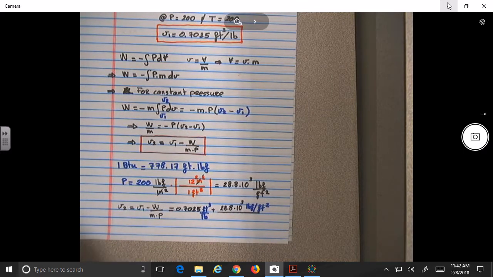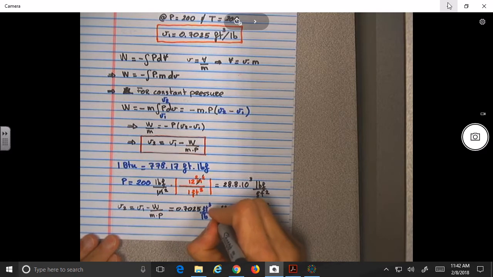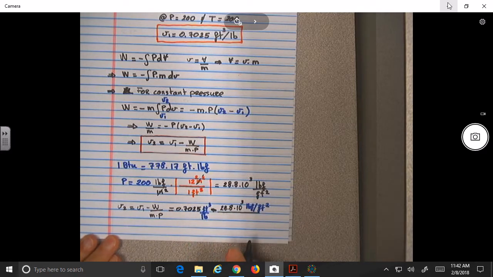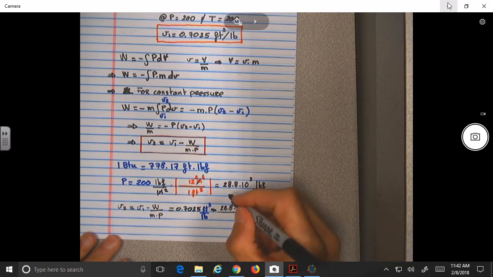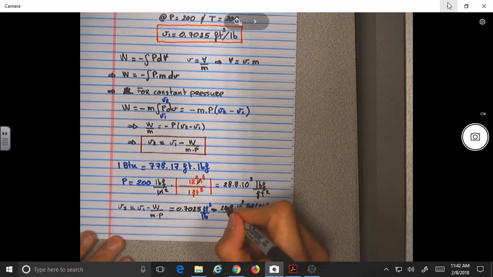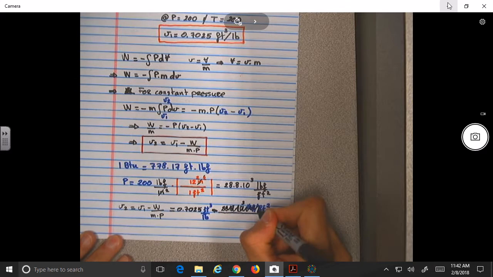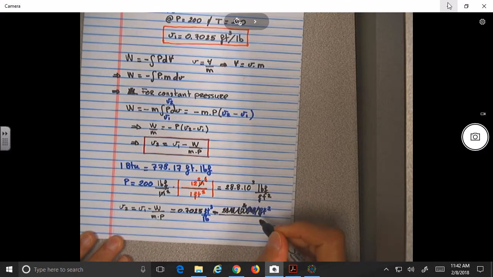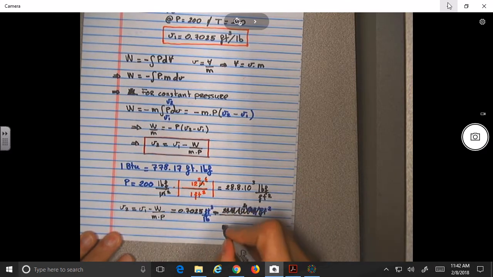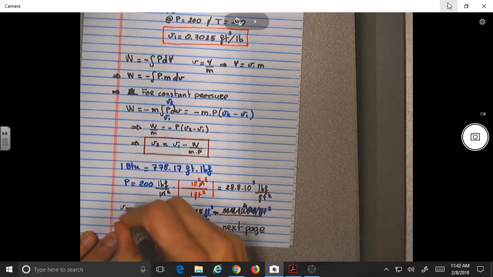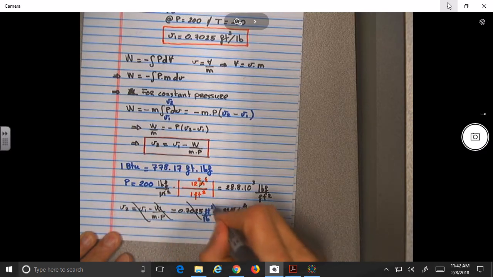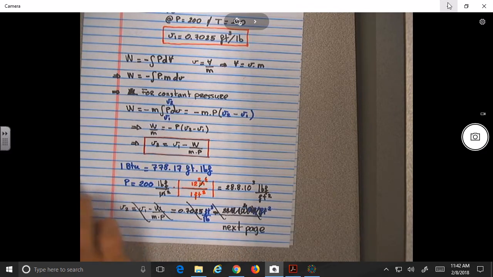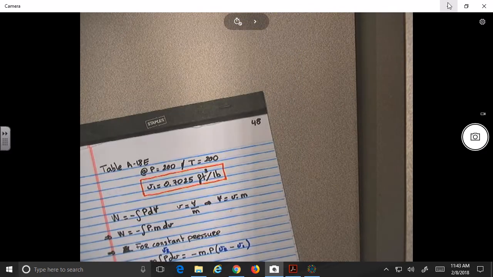Yeah, minus. Oh, that was the pressure, correct. So you see, I knew I was going to do something wrong here. So what about just go to the next page, okay? And if you want, just remove this, and I'm just going to rewrite it on the next page.